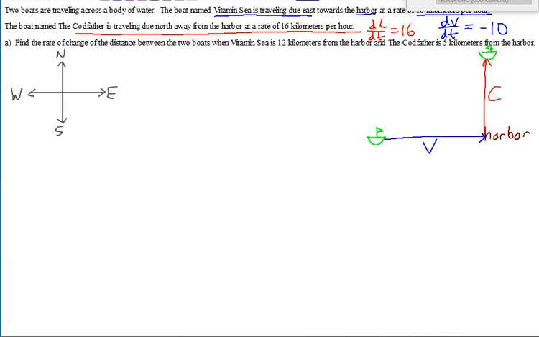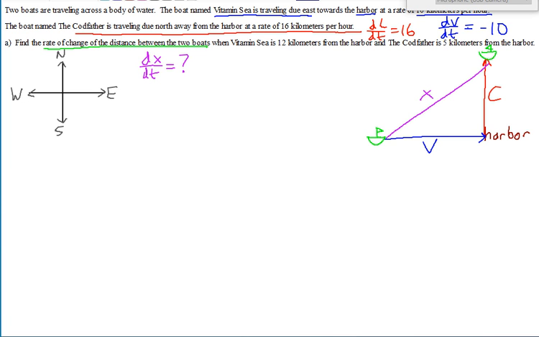And then what we're asked to find is the rate of change of the distance between the two boats. So we have to draw that in our diagram. Here's the distance between the two boats. You can call it whatever you want. I'm just going to use x for that. So based on that, we're trying to find dx dt.